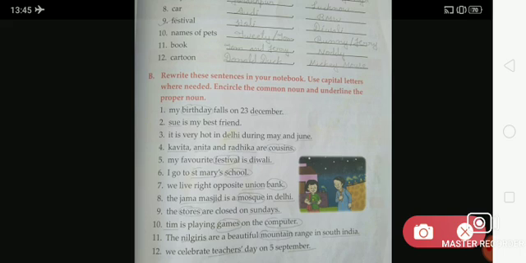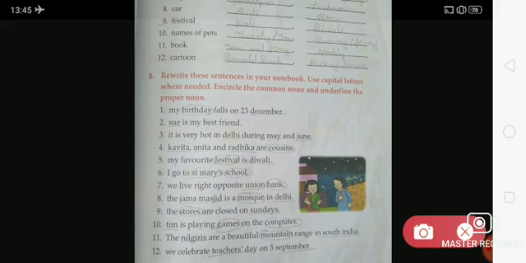Okay students, here we will encircle the word birthday because it is an example of a common noun, and after that we will underline the word which is a proper noun. Here is the word December, so the first letter of December will be in capital.